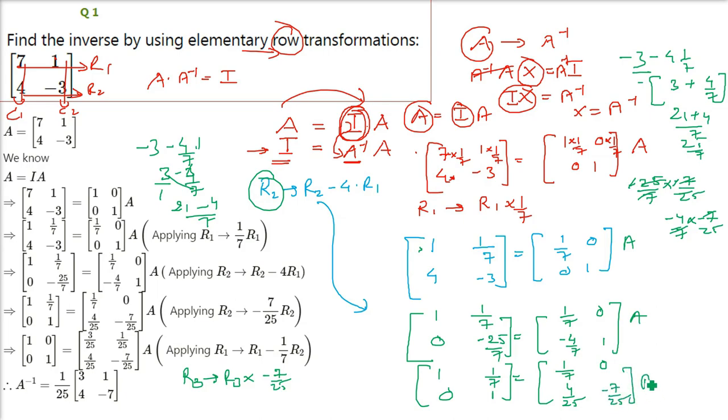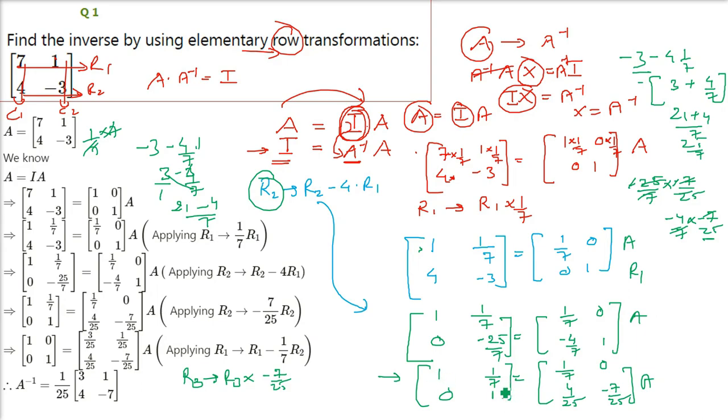Okay, one more thing is remaining. 1 by 7 has to be made as 0. So what we'll do is, we'll multiply this row 2 by 1 by 7 and we'll subtract it from row 1. You might be questioning why we are not multiplying this whole row by 7, because 1 by 7 will be 1.